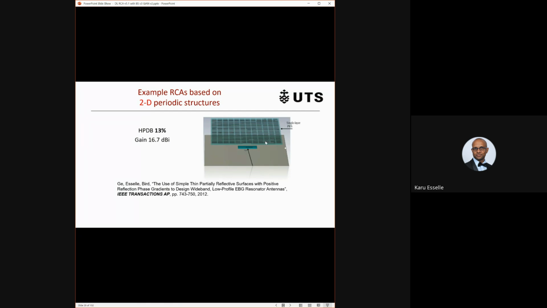You don't see the dipole array in the bottom surface. And the resonant cavity is here. This is the ground plane, and this is the feed. So we got 13% half power directivity bandwidth, or 3 dB directivity bandwidth, from this antenna with a gain of 16.7. That kind of set a record during that time in 2012.